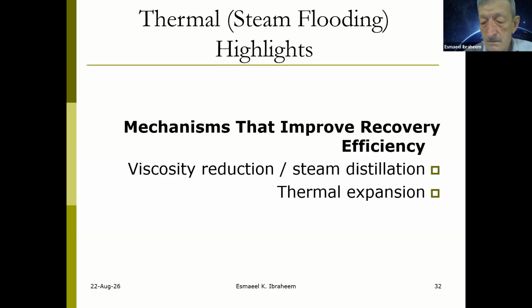Thermal expansion, because you have steam with high temperatures, makes the oil less viscous and makes the oil expand by itself. So the production here would depend on two factors.